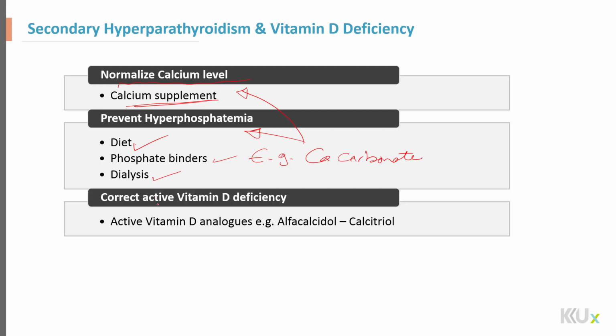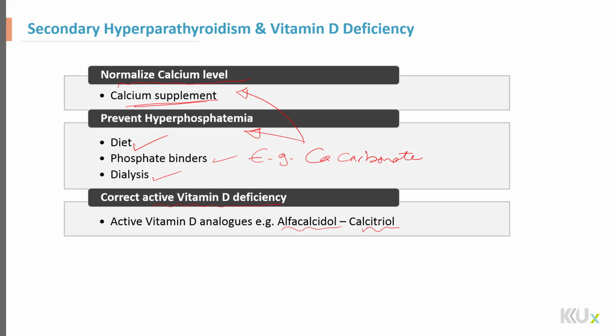Correct active vitamin D deficiency. We have a problem that vitamin D cannot be activated in the kidney because the kidney is not functioning. So how to treat this problem? To give ready-made active vitamin D like alfacalcidol and calcitriol.